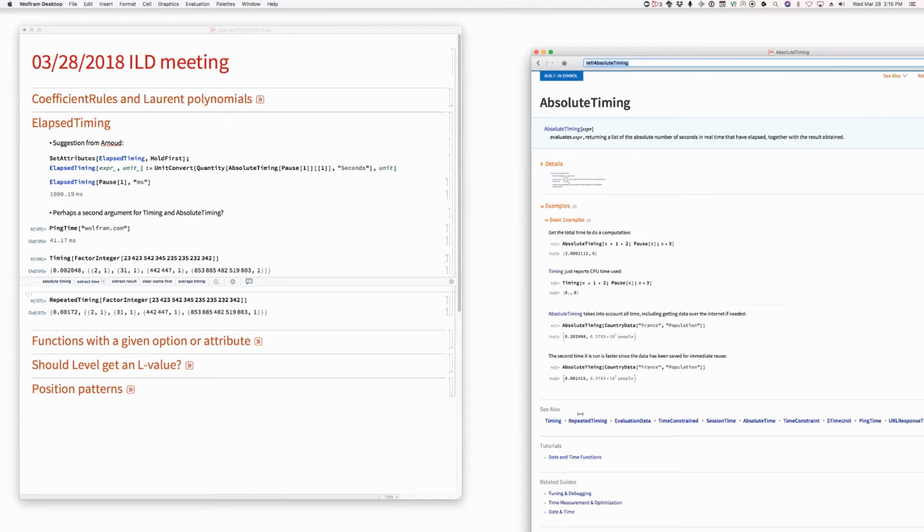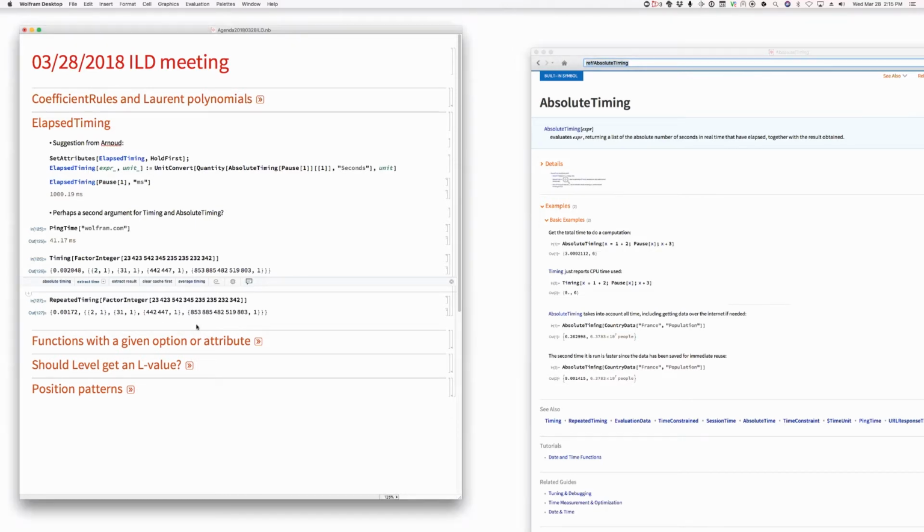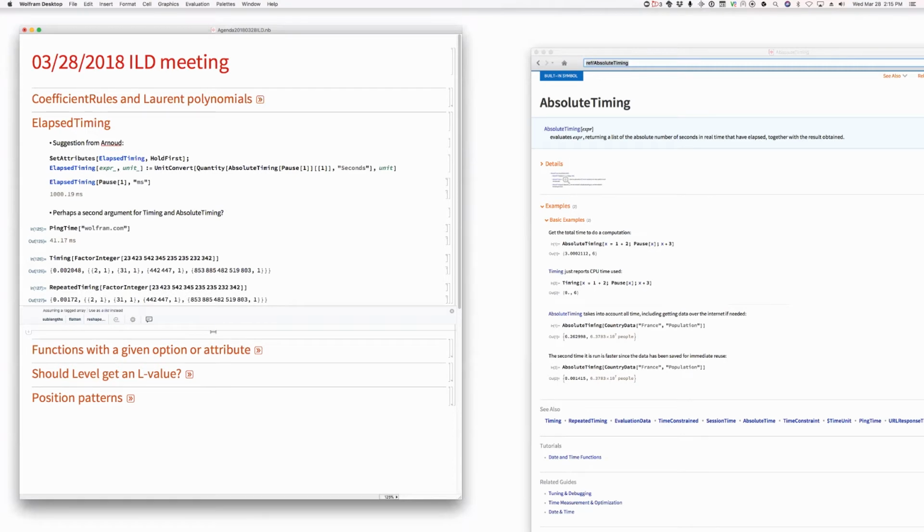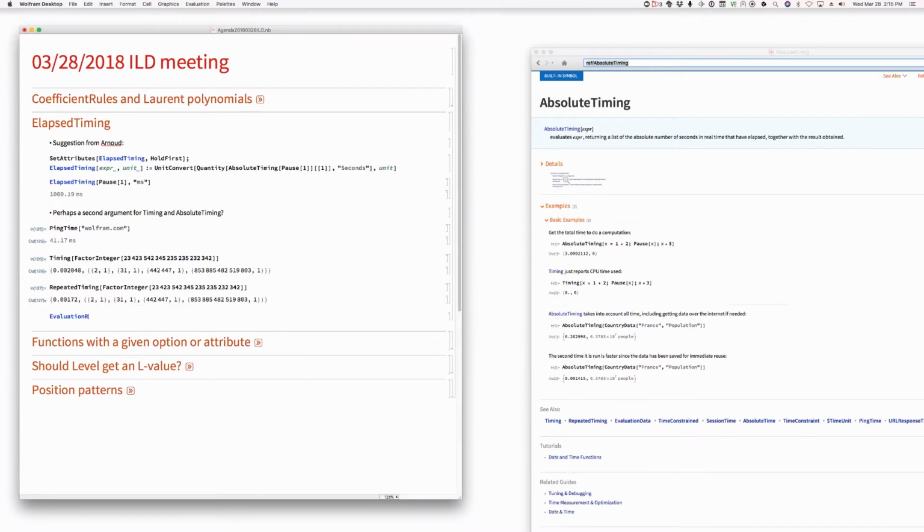Or would it be that instead we want some super function that is something like evaluation report of expr, returning something that says CPU timing, absolute timing, memory used, result.